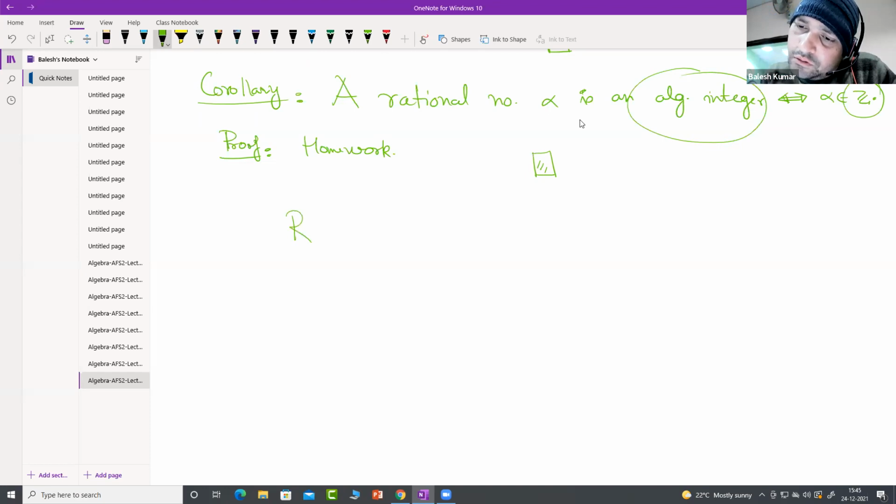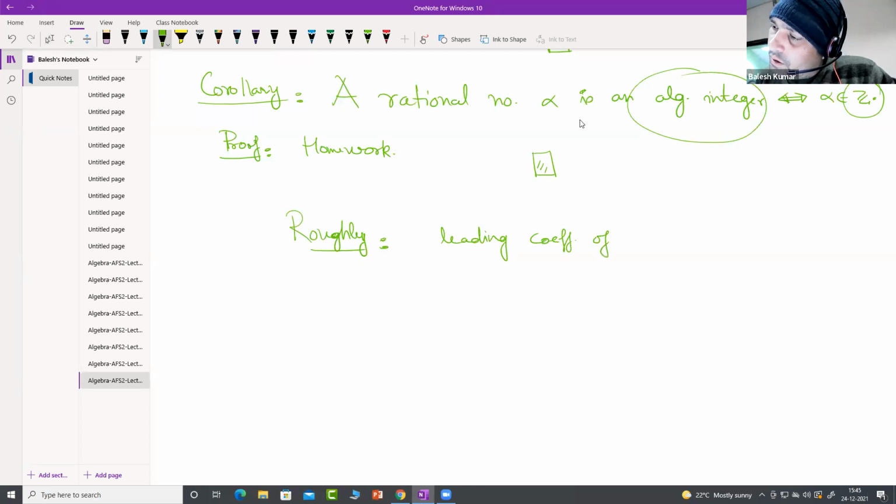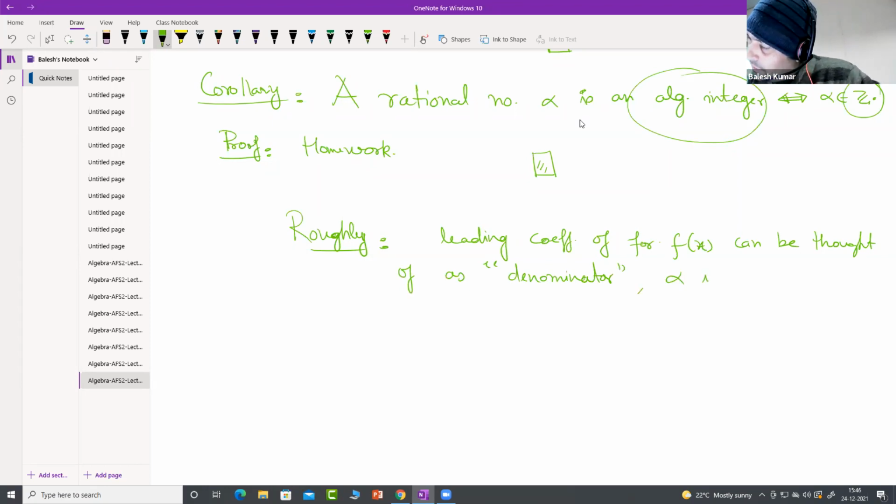So this I am saying roughly: the leading coefficient for f of x can be thought of as a denominator, where alpha is an algebraic integer.